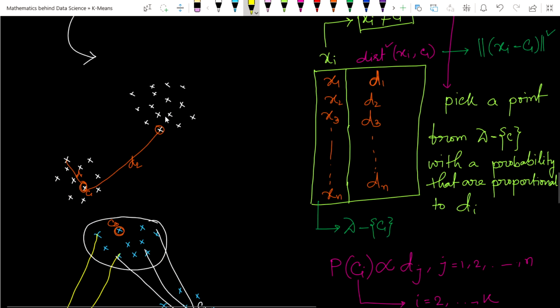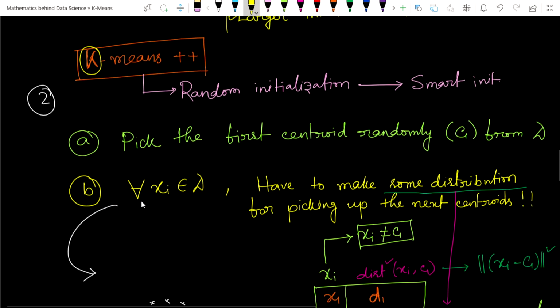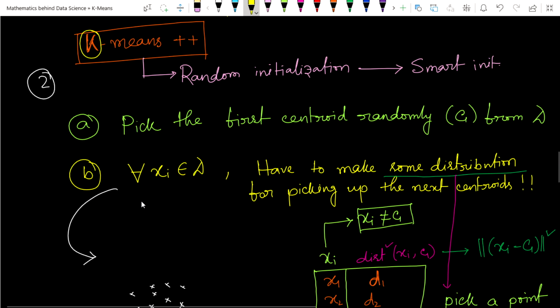I think from these discussions you will get some concept of how the randomly picked point helps us choose the centroids smartly. Just revisit this concept step by step.